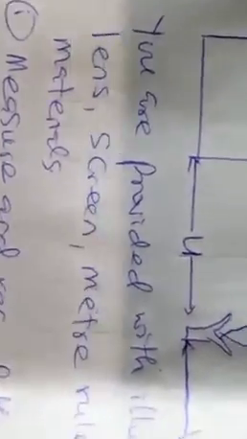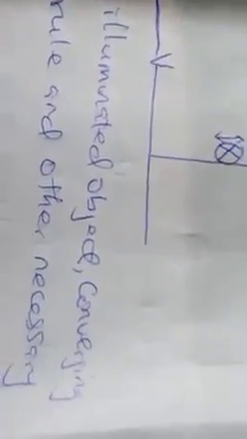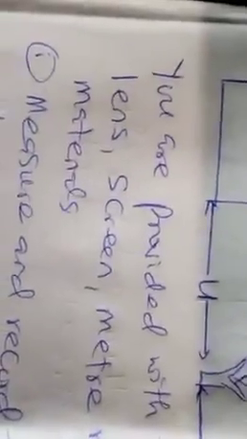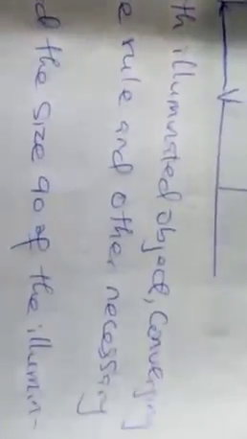So let's go to the question once more before we go to the calculations. You are provided with an illuminated object, converging lens, screen, meter rule, and other necessary materials. I measure and record the size AO of the illuminated object.